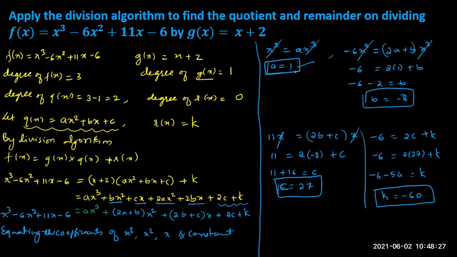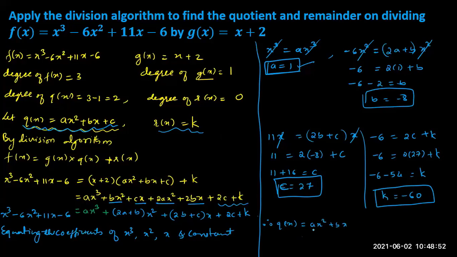So now we got the a value, b value, c value, and k value. These all values we fill in this q of x and this r of x, then we'll get the remainder and quotient. Therefore, q of x is ax square plus bx plus c.